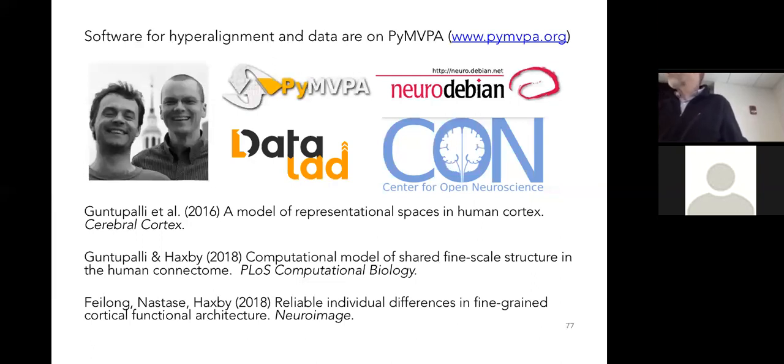I don't think it works as well, but it works acceptably well. And we're also finding that we can hyperalign based on connectivity. If somebody watches their favorite movie rather than Raiders of the Lost Ark, like Grand Budapest Hotel, then we can take that person's connectivity while they're watching the Grand Budapest Hotel and derive a transformation matrix to a template based on Raiders of the Lost Ark.